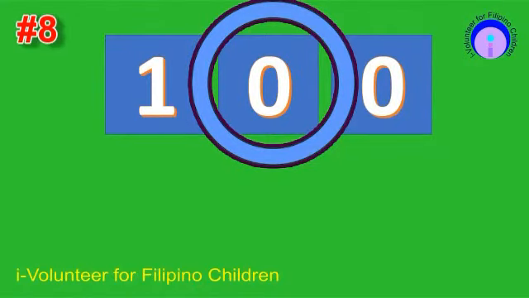Item number 8. What is the place value of this digit? Digit 0 is in the tens place.